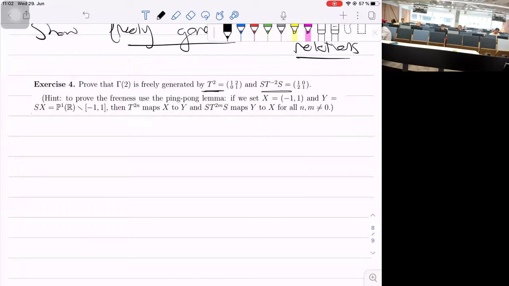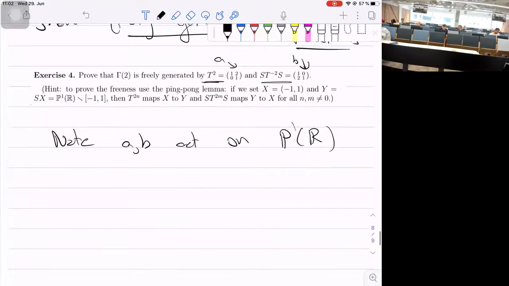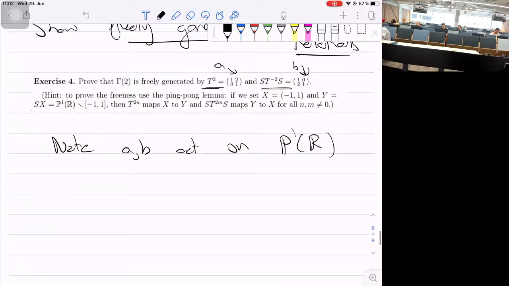The idea is to note that these matrices, the first one A, the second one B, act on the projective line, and in particular, they do something to the regions X and Y that have been labelled in the question.